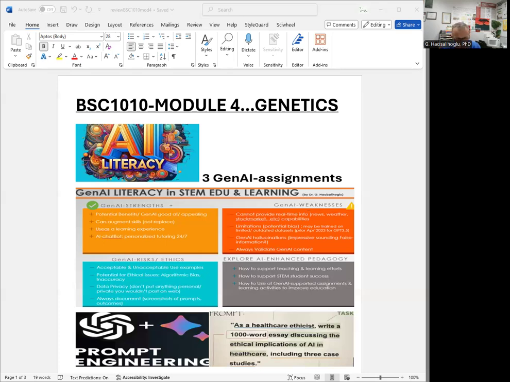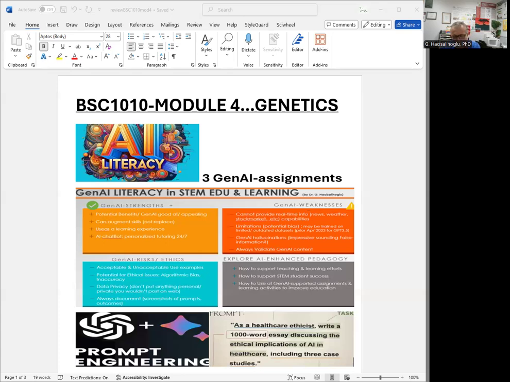Four, augment education efforts, not replace them with Gen AI. Five, beware of false information, always verify and be critical of Gen AI content. What are you verifying? Sources, citations, authorships, pretty much evaluate everything, verify, edit, revise, make sure.